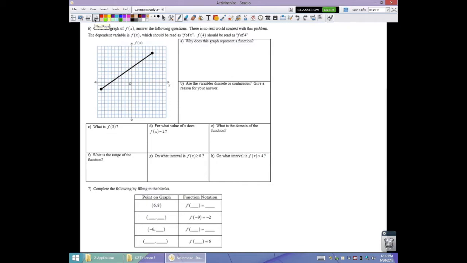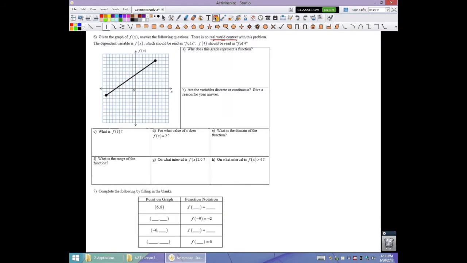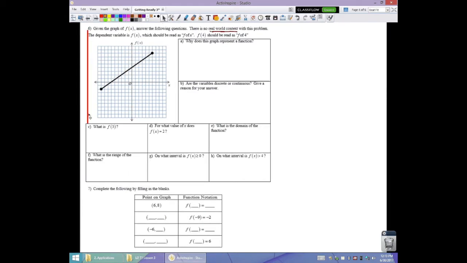Okay, number 6 and 7, we are going to use this graph of f of x. There's no real world context here, so it's just a line segment. Okay. So why does this graph represent a function? Once again, if you're uncertain, test it with the vertical line test. So there is never a place along that graph where my red vertical line hits 2 points.